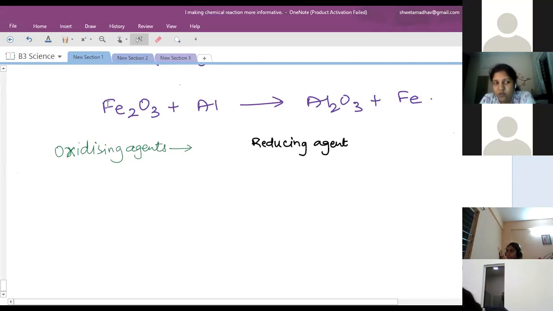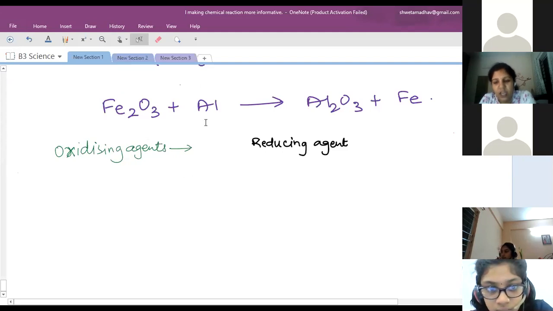So iron oxide is a compound that helped aluminium to get oxidized. Therefore iron oxide is called the oxidizing agent. Clear what oxidizing agent means? A substance which helps another substance to get oxidized is called an oxidizing agent. Who is going to oxidize? Aluminium.